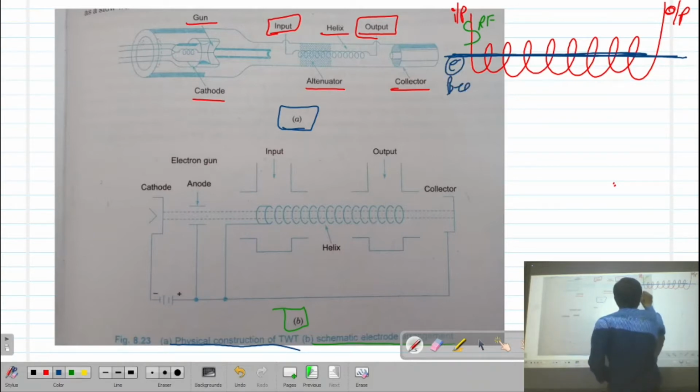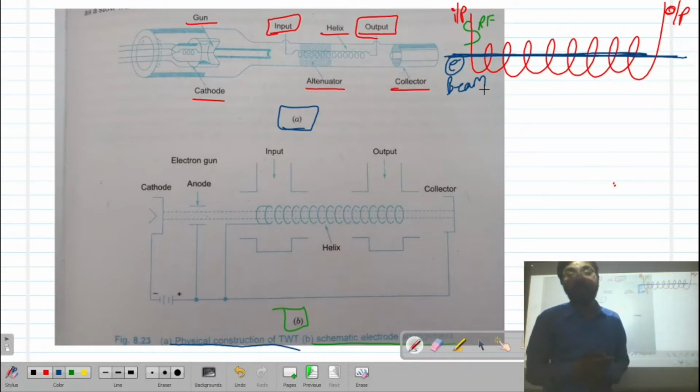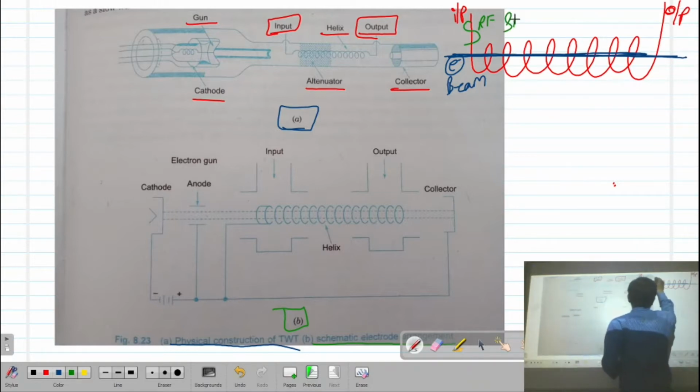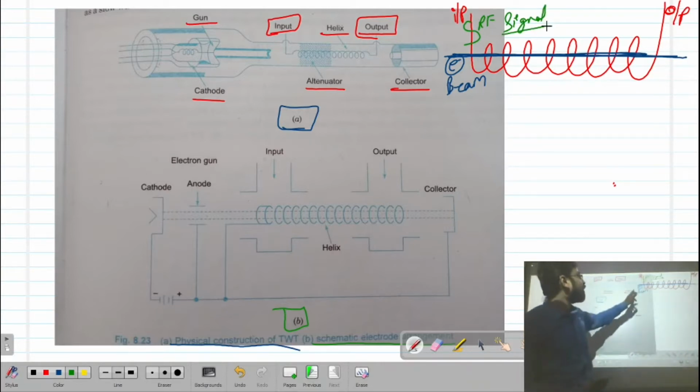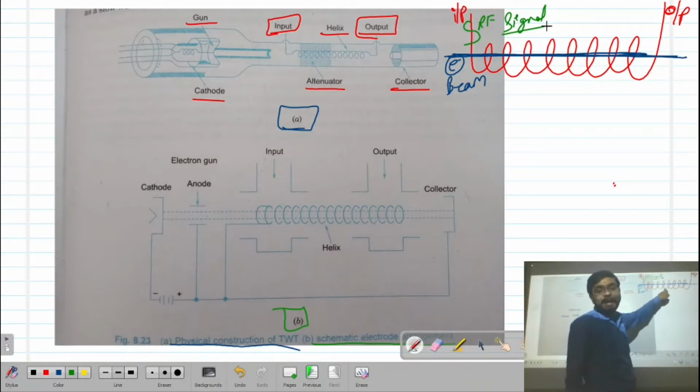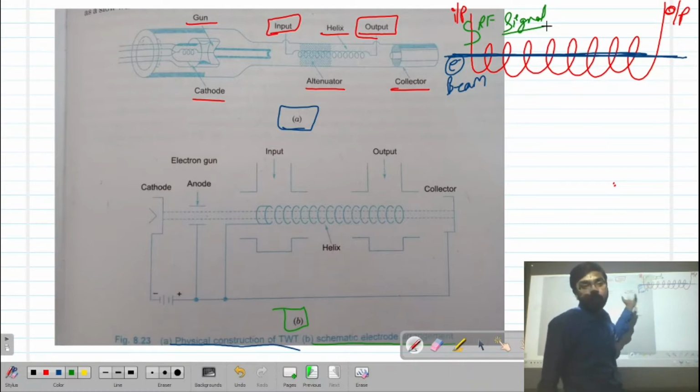You can imagine that the RF signal will have a greater number of interactions with the electron beam as compared to the previous klystron amplifiers.